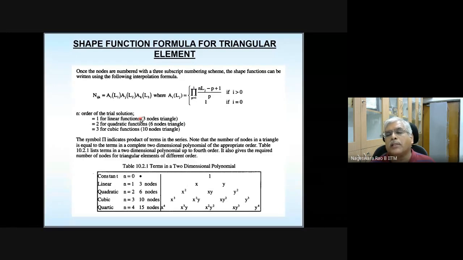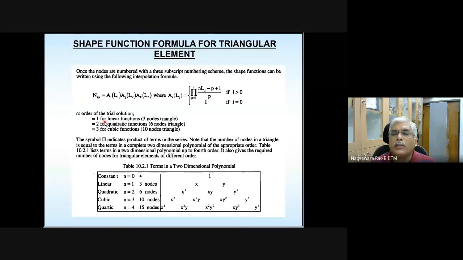A0 plus A1x plus A2y. So there are three unknown coefficients. That polynomial trial solution is going to be linear: A0 plus A1x plus A2y. So if it is linear, then n is equal to 1.